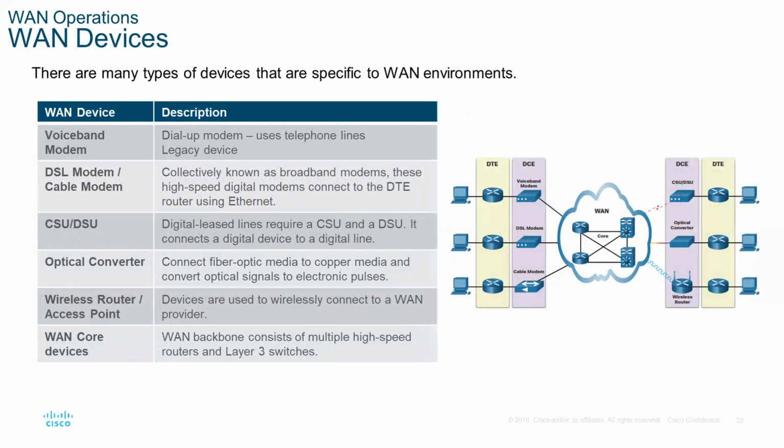So what types of devices will we see in a wide area network? We'll see a modem. Now, a modem comes in many shapes and sizes. A modem is what connects our site to their site, and it modulates and demodulates the signal in the subscriber preference.